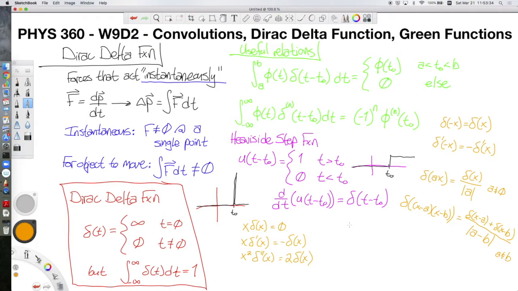And last but not least, or at least for now, the delta function of a function equals the following expression. The sum over i of delta function of x minus xi divided by the absolute value of f prime of xi, where the xi are the zeros of the function f with a non-zero value for the derivative.